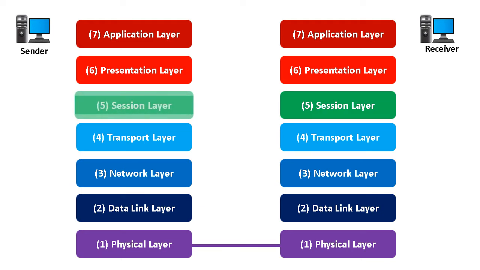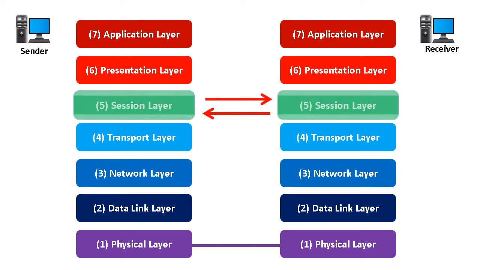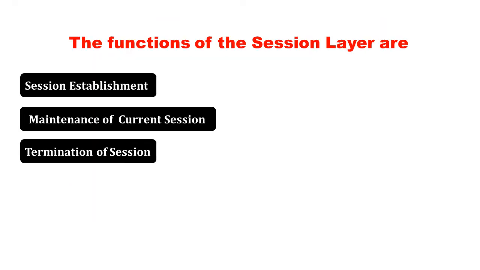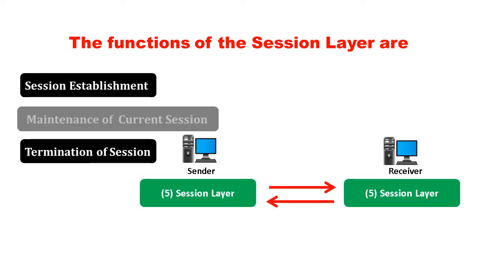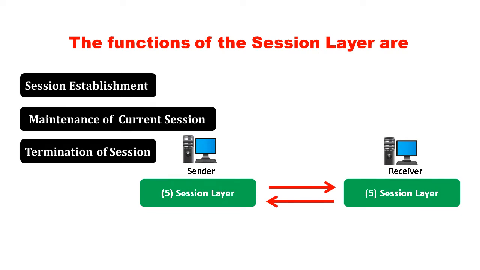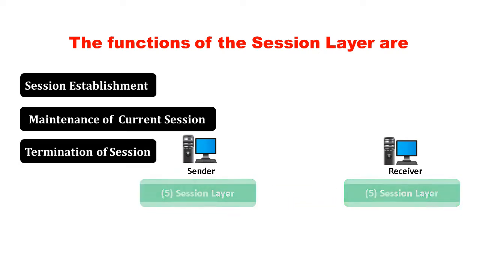Therefore, it establishes a connection between the sender and the receiver before sending the actual data packet and ensures authentication to ensure security between the intended communicators. The functions of the session layer are session establishment, maintenance of the current session, and termination of the session.